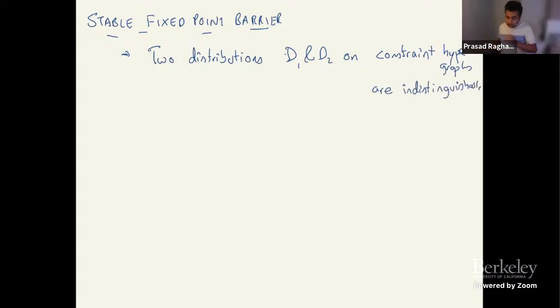So what are the two distributions and how is this defined? The way I like to think about it is in terms of these little Lego blocks for vertices and hyperedges that you can put together. So let me just show what I mean. Imagine you had the following two kinds of blocks.